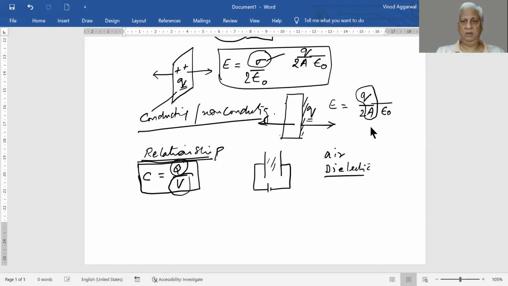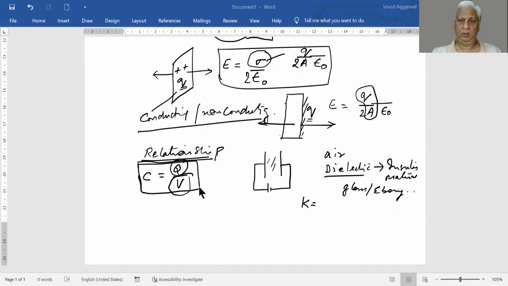Dielectric means some sort of insulating material, like glass, ebony, etc. Now there's a term K, which is the dielectric constant.